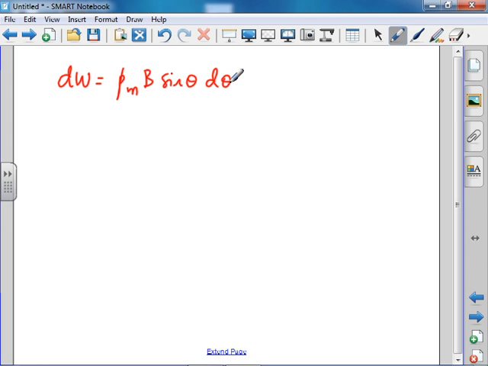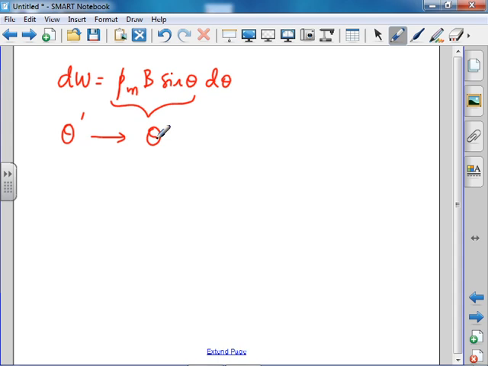That is, we have substituted the value of tau. So dW is equal to PMB sin theta d theta, substituting for tau. Now, if a magnetic dipole, that is a bar magnet, has to be moved from the position theta dash to theta, what is the work done?